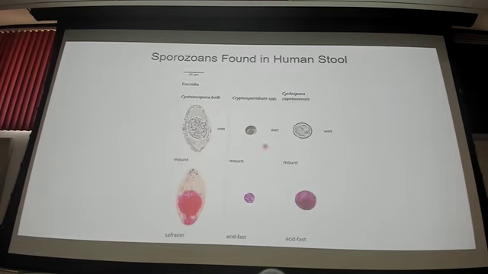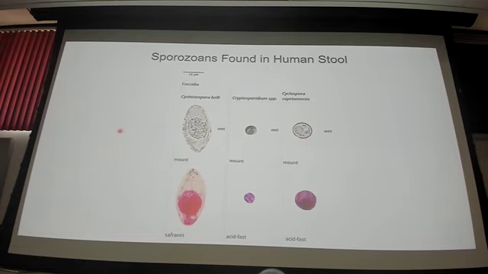Okay, in terms of morphology, a couple images that help you distinguish what they look like under different types of stain. At the top here is Cystoisospora belli, Cryptosporidium, and Cyclospora cayetanensis. Top, these are wet mounts, so these aren't even stained with iodine. So just look at the size difference.